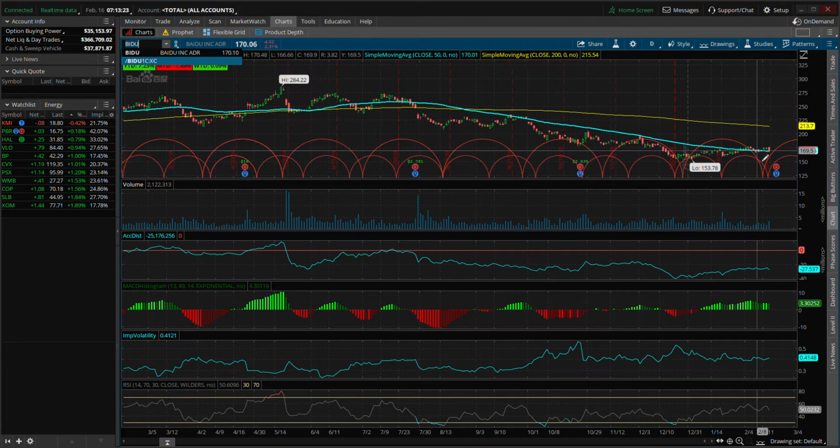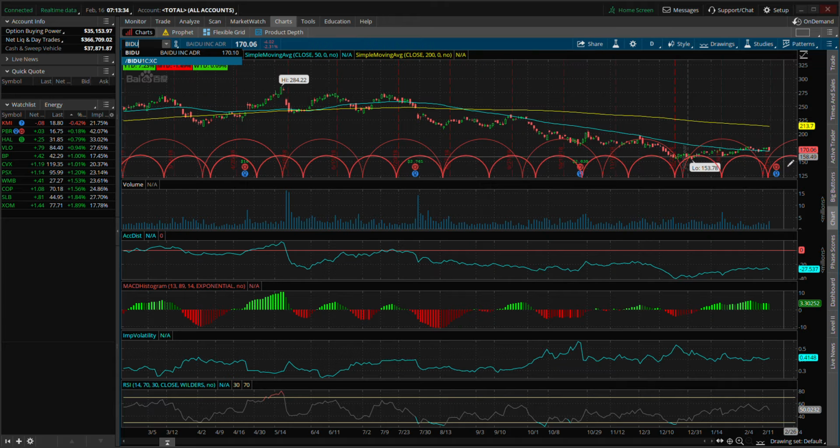So the cycles are ending here, and this is again in the range of the 50-day and 200-day moving average range, just like Apple. So you see these two cycle patterns are starting up. That means it's going to bounce from here all the way to this range.